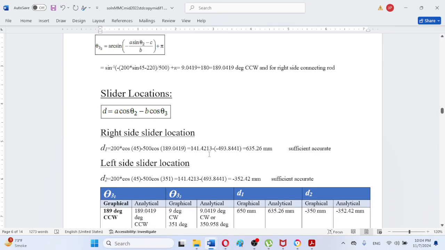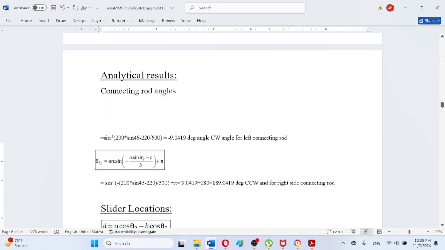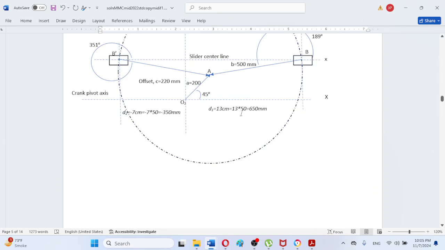So the result is somewhat 635.26 millimeter. As in the graphical results here, it is mentioned that according to scale the value was 13 centimeter. So the scale was 50, so 13 multiplied by 50, that came out 650.